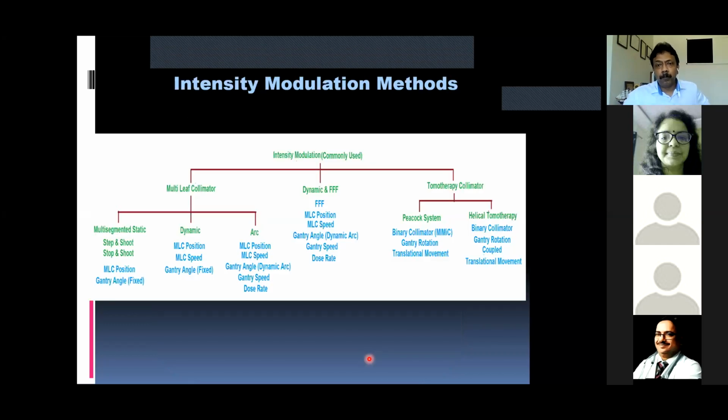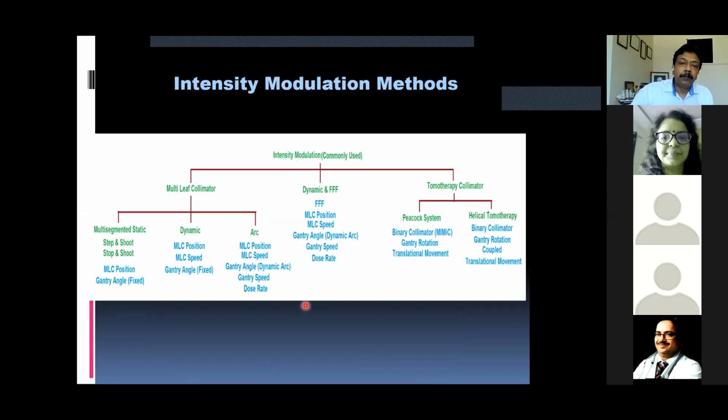Commonly used intensity modulation is multi-leaf collimator based, dynamic multi-leaf collimator, triple F, meaning flattening filter free beams, and tomotherapy collimators.